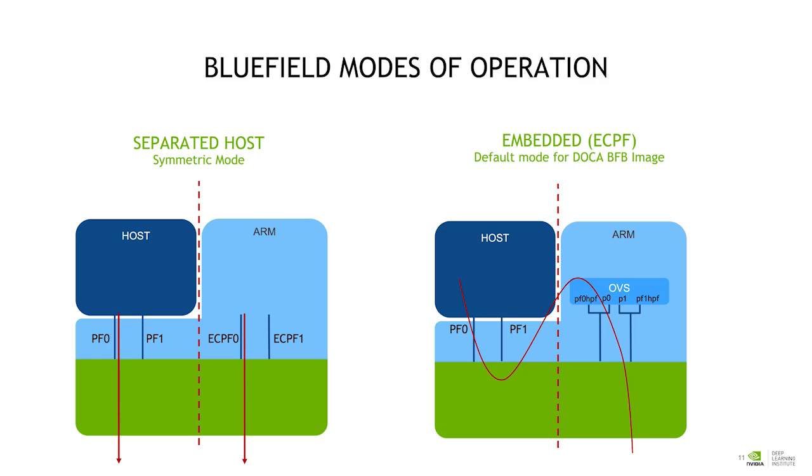Each has its own MAC address and is able to send and receive Ethernet and RDMA over Converged Ethernet, or RoCE, traffic. Also, there is no dependency between the two functions. They can operate simultaneously or separately. The host can communicate with the DPU interfaces as two separate hosts, each with its own MAC and IP addresses, configured as standard interfaces.